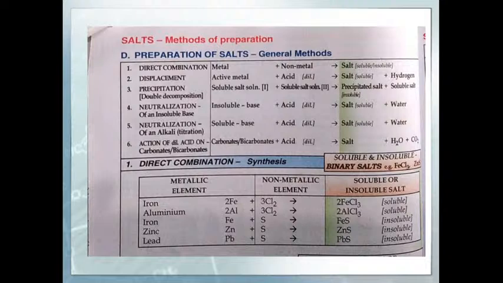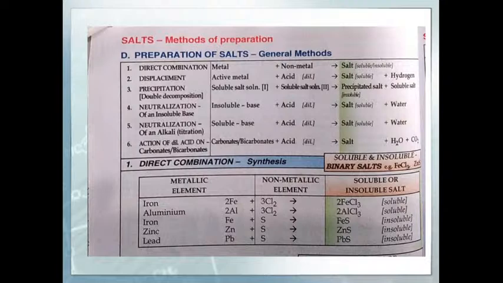We should always remember one thing: when we get any sodium salt, ammonium salt or potassium salt, these salts are always soluble salts. They always produce soluble salt, but if other metals are there, they can produce different insoluble salts.